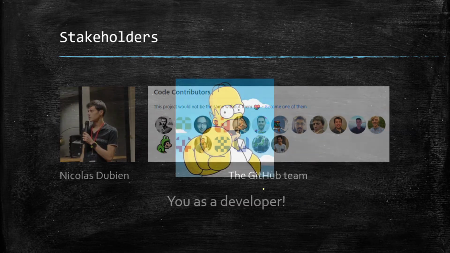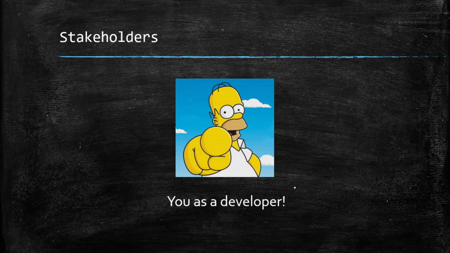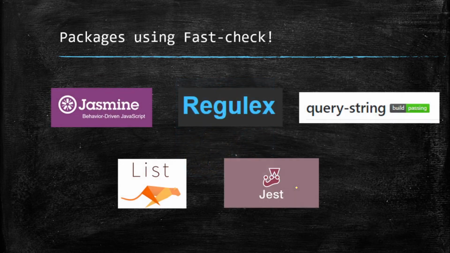And of course, as software developers, I really think FastCheck is very useful, so I hope you are interested in it and use it at some moment of your life. Well, just to finish, I would like to show you some examples of packages using FastCheck. Jasmine and Jest are testing frameworks.